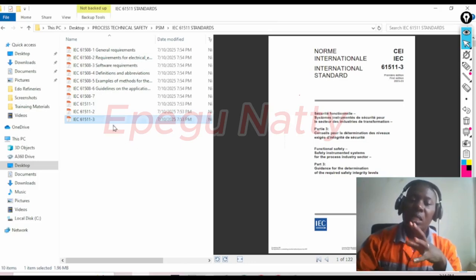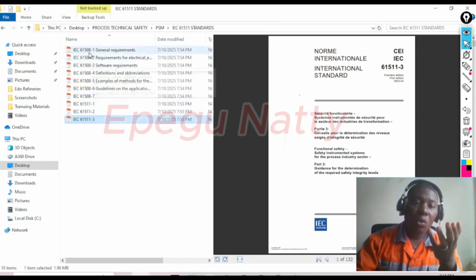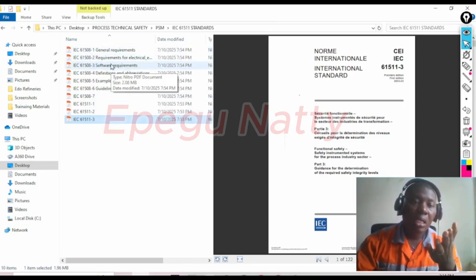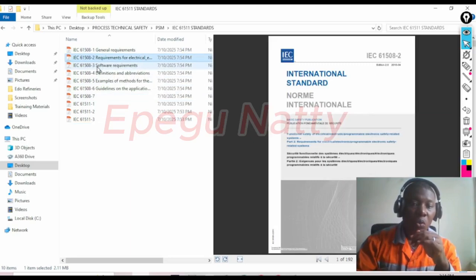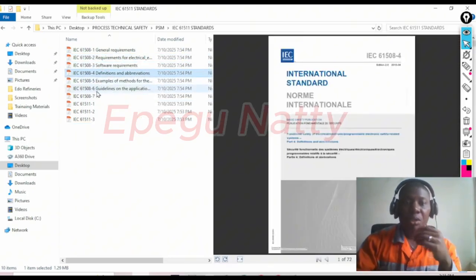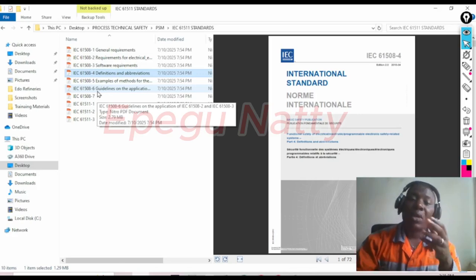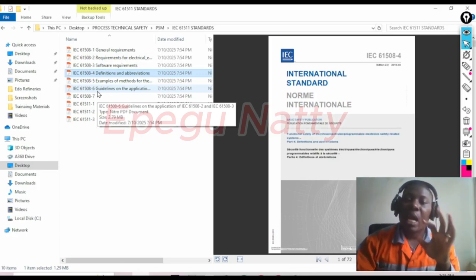Okay, now with this standard you can understand a lot about what you're talking about. Now we also have another standard, IEC 61508, and this has up to 7 parts. So you can download them and go through all the parts. You can just read this and then you have a lot of ideas about SIS.